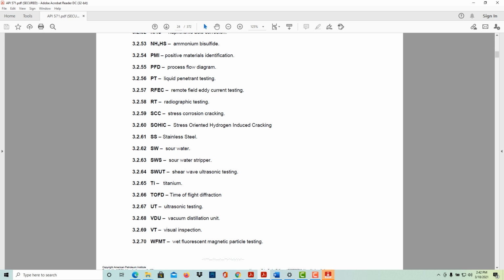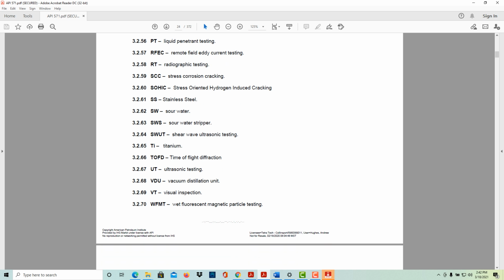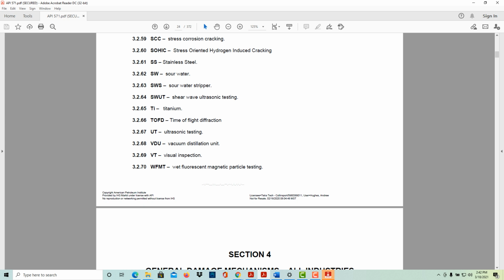SOHIC, stress oriented hydrogen induced cracking. SS, stainless steel. SW, sour water. SWS, sour water stripper. SWUT, shear wave ultrasonic testing. TI, titanium. TOFD, time of flight diffraction. UT, ultrasonic testing. VDU, vacuum distillation unit. VT, visual inspection. WFMT, wet fluorescent magnetic particle testing.